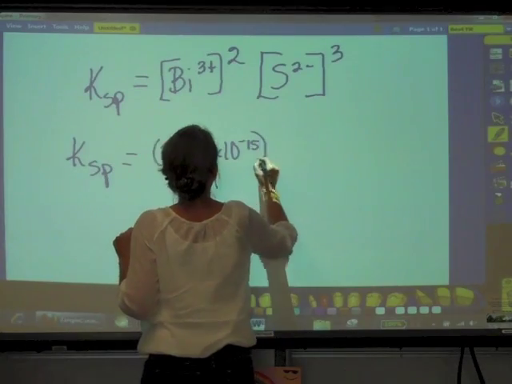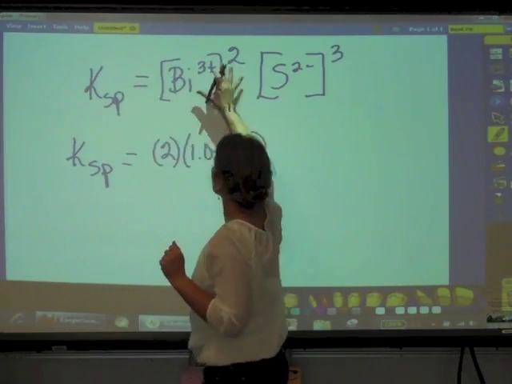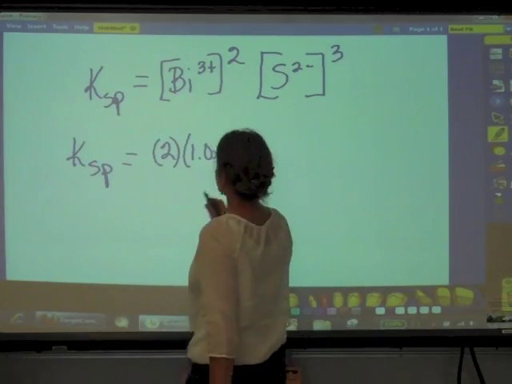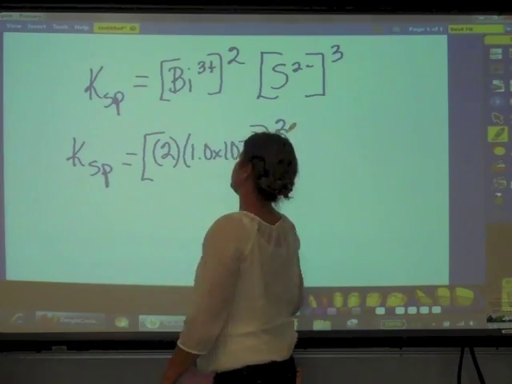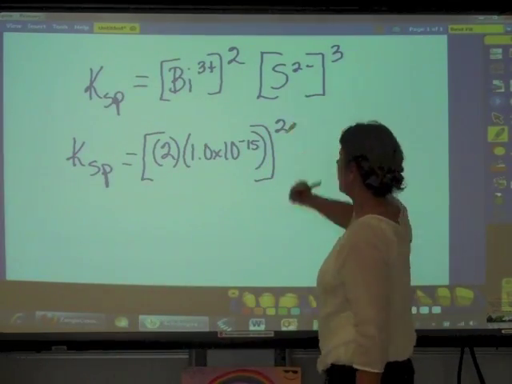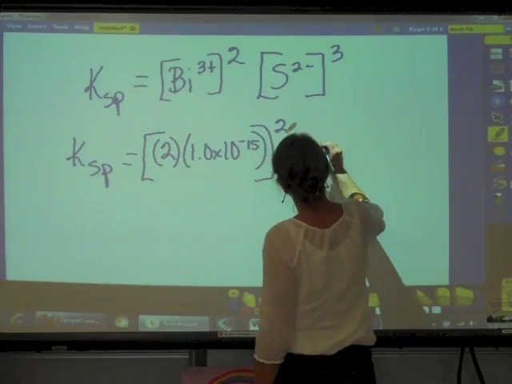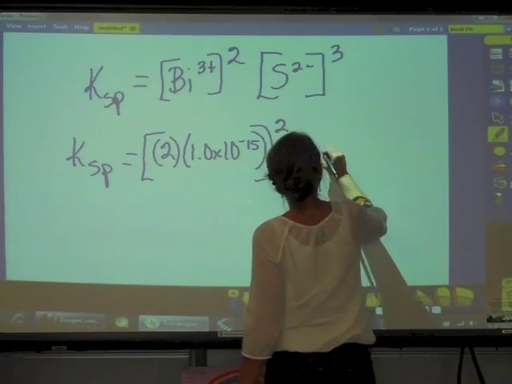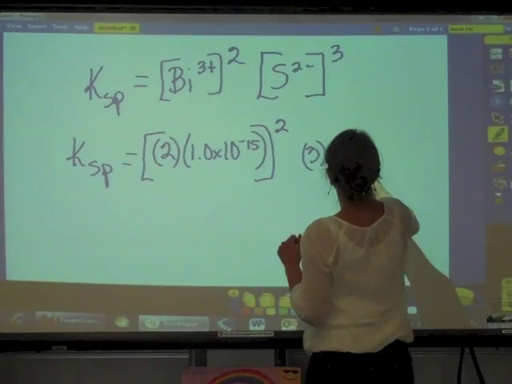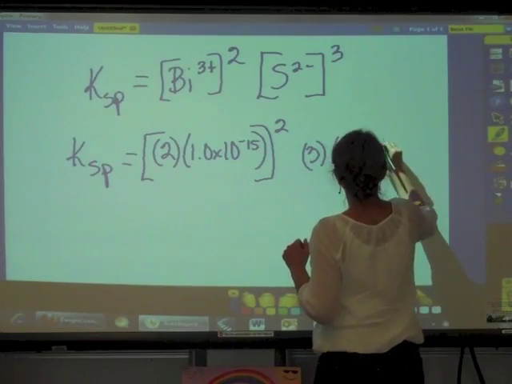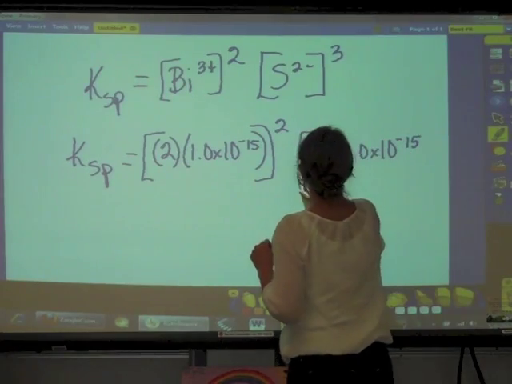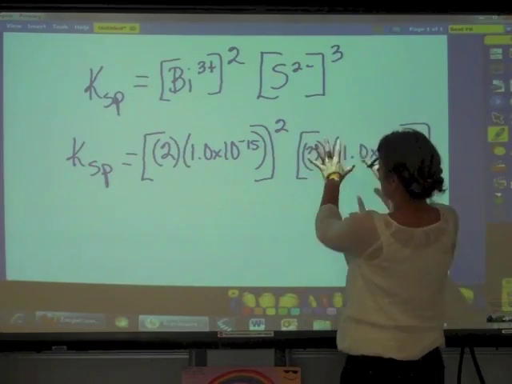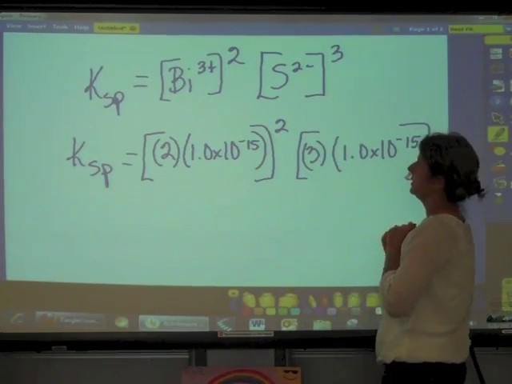And then what am I going to do to this entire quantity? Square it. Times 3 times 1.0 times 10 to the minus 15th. And what am I going to do to this entire quantity?